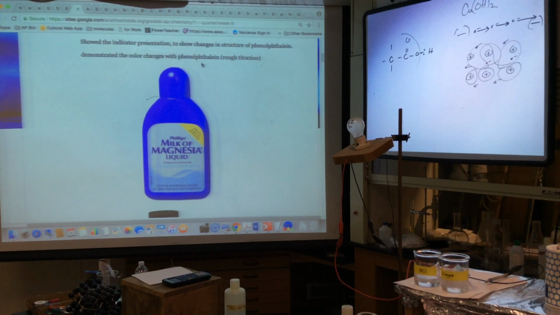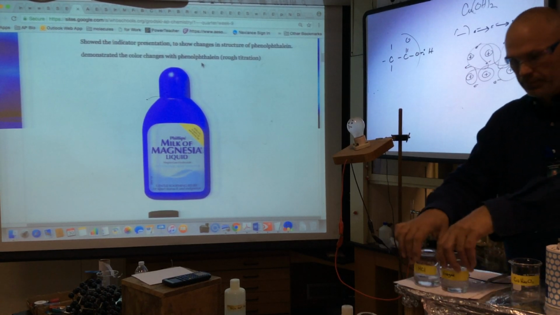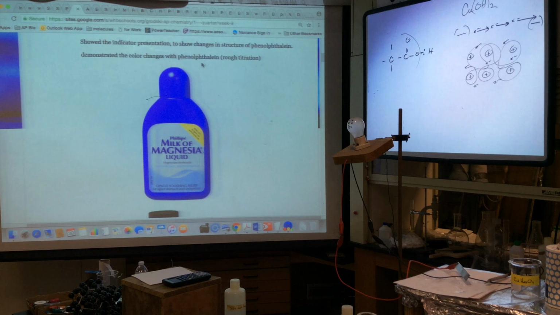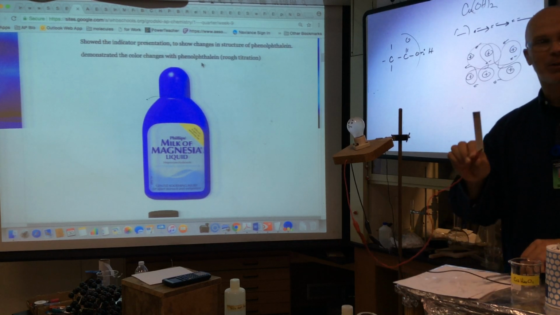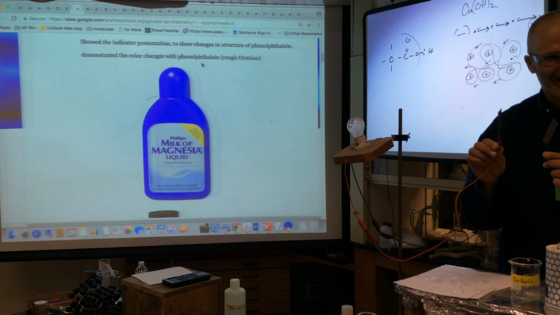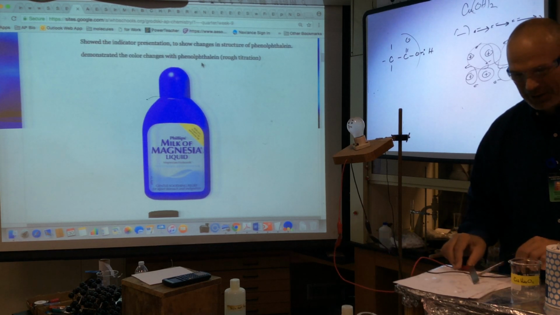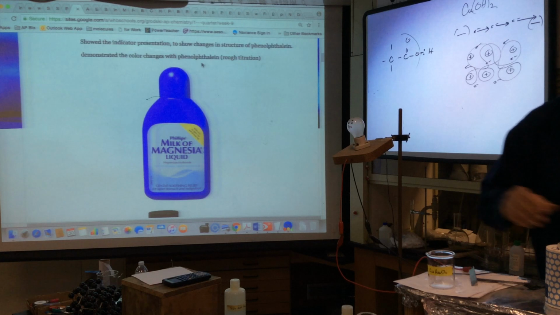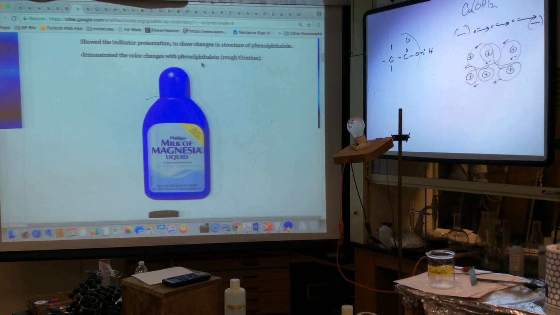Let's look at sucrose. Now, what's happening is the hydrochloric acid is reacting with the aluminum to make hydrogen gas. Okay, so it's also doing another reaction. Remember. Now, here's sucrose, which is really what? Sucrose, party people, is table sugar made of glucose and fructose.